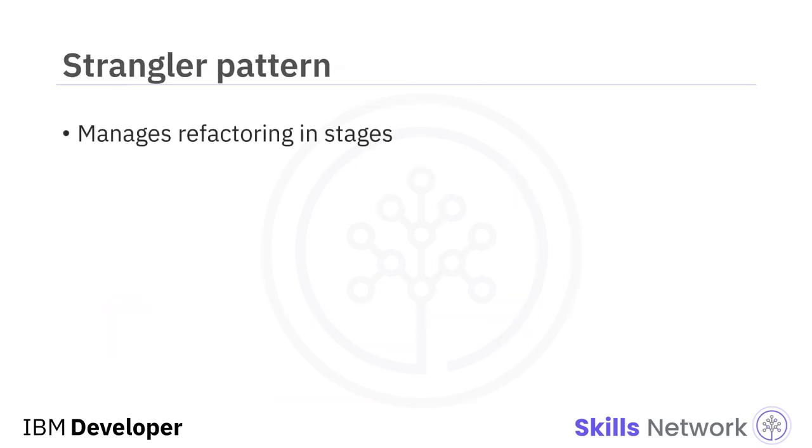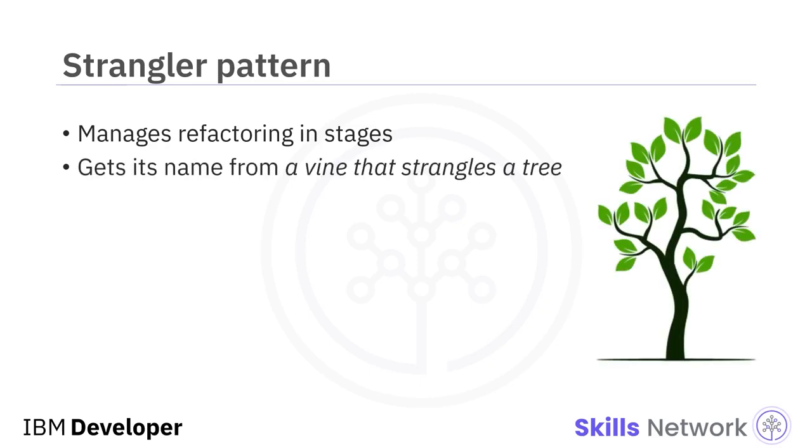Now, the strangler pattern helps manage the refactoring of a monolithic application in stages. This pattern gets its metaphorical name from the garden phenomenon of a vine that strangles a tree. Think of a web application built using individual URLs that map functionally to different aspects of a business domain.